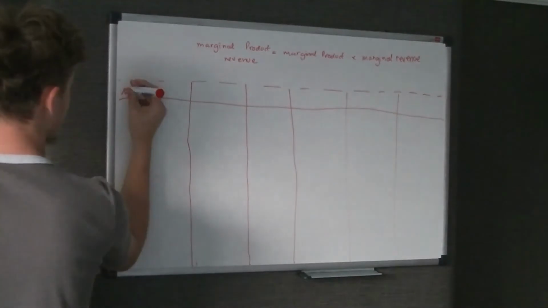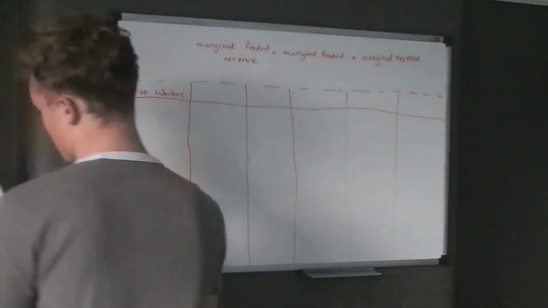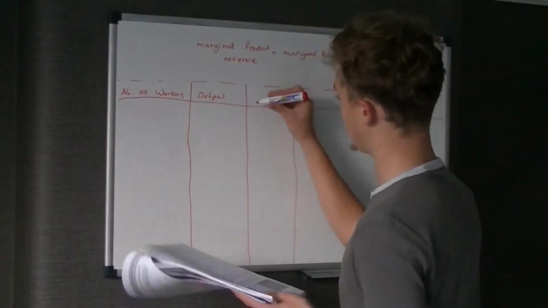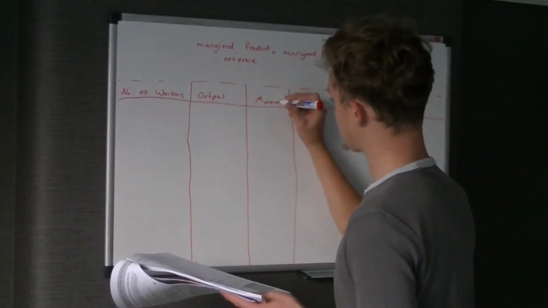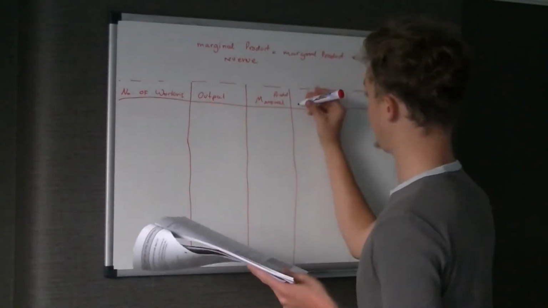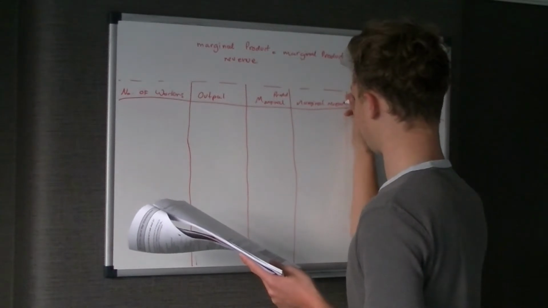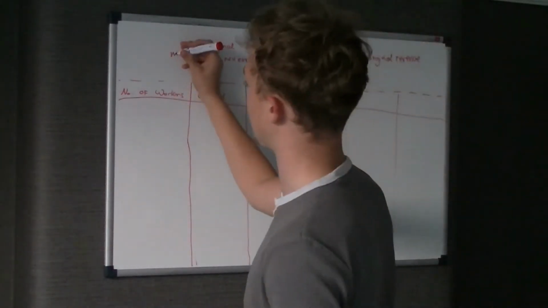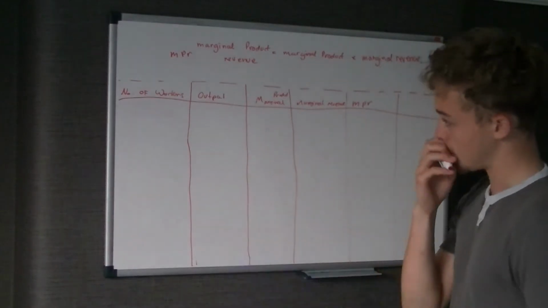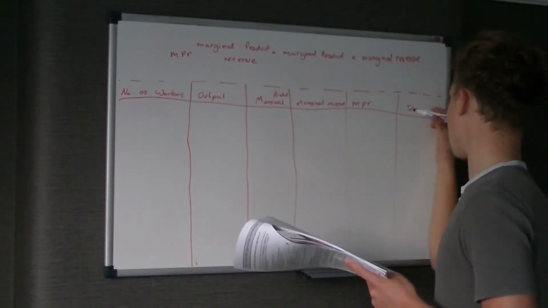The first is number of workers, then total output, marginal product, marginal revenue, and for marginal product revenue I'll just put MPR, because you can see it's up there. And then total revenue.